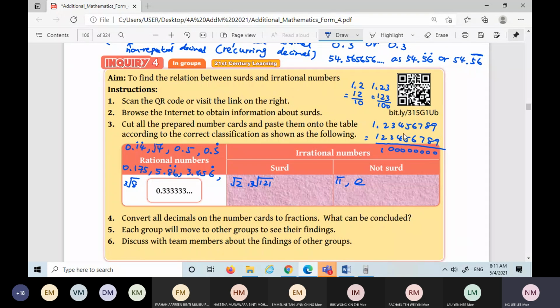Okay, again, answer my question. 1.2345678, rational or irrational? Rachel?